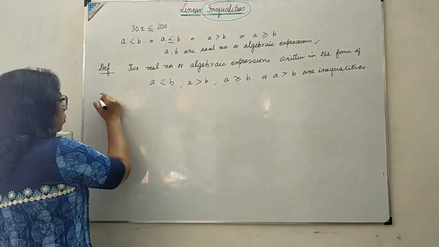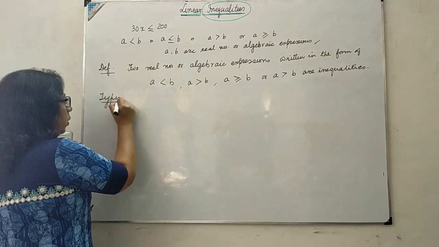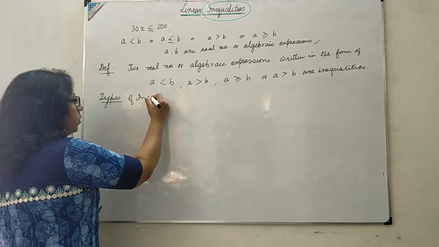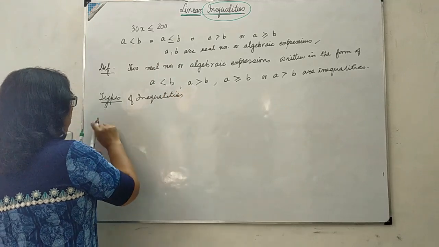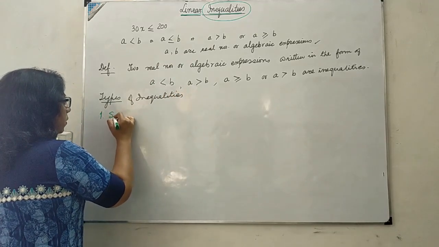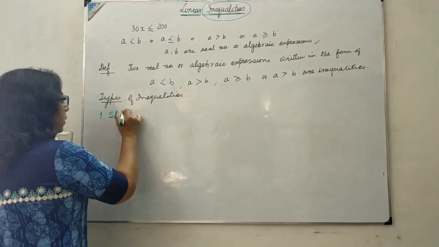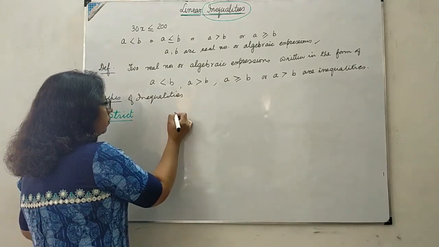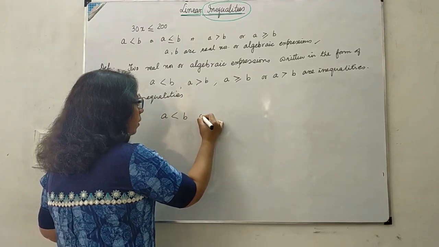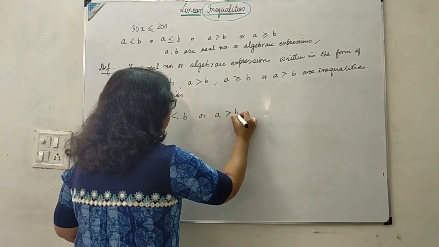Now I am moving to types of inequalities. The first one is strict inequality. Two expressions of the form a less than b or a greater than b.